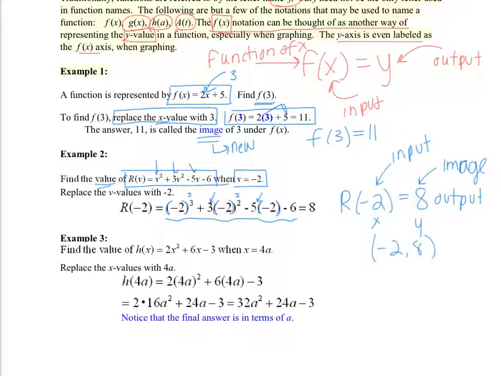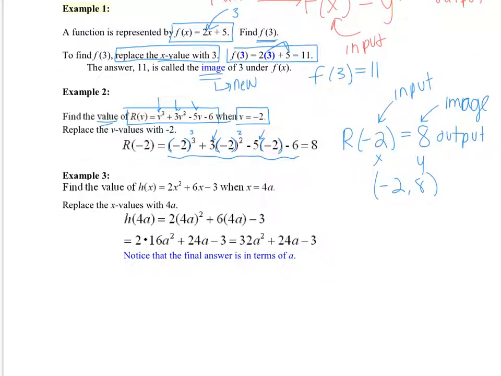Okay. The next one, last example for evaluating, is that we have h of x equal to 2x squared plus 6x minus 3. And I want to find the value when x is 4a. So that might seem a little goofy, but I take 4a and replace x with it each and every time. And then all I'm doing is simplifying it so that my answer is in terms of a.